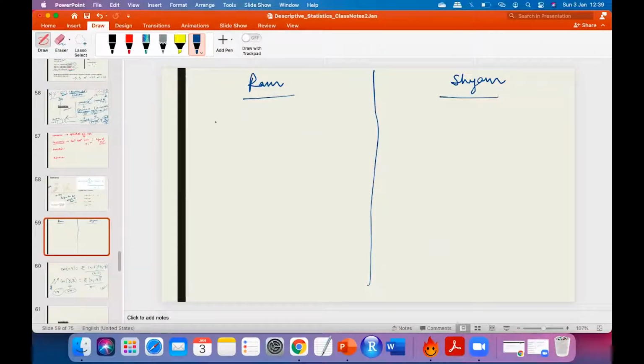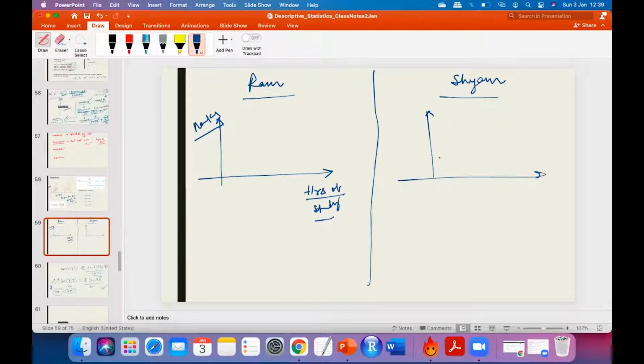Now let's say I am plotting two variables. One is hours of study and marks of Ram. So this is one variable, this is one variable. Similarly, the same two variables, hours of study and marks of another person.